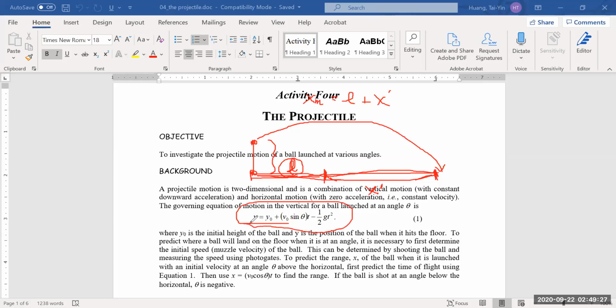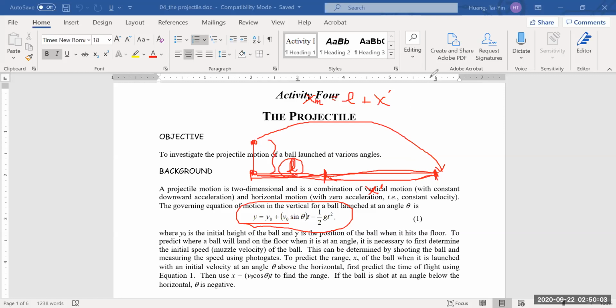It tells you that the vertical displacement, y minus y naught, is equal to the initial velocity times sine of theta times the time, minus 1/2 g t squared. We arrange this, and then you'll be able to figure out the vertical acceleration, which is the free fall acceleration. When you do the plot, you're going to get the slope, and you're going to compare the slope to 9.8 in order to get the percent error.